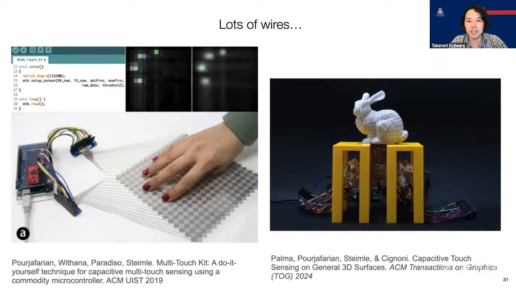As you may know, capacitive sensing is commonly used to recognize our touch when we are interacting with our smartphones or tablets. But as you can see here, current solutions need a lot of wires. And these wires become problematic as they require a lot of effort in post hoc instrumentation and make it too difficult to handle complex shapes.